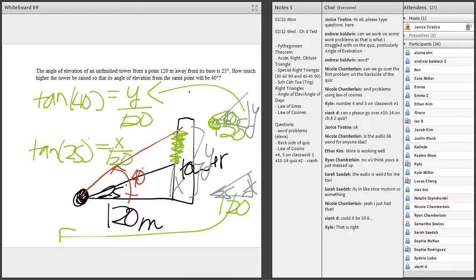So I think the hardest part in these questions is to draw it and to figure out what it's asking for. Is it the vertical? Is it the horizontal? So I think pictures are very helpful, and you have to imagine what the situation is. Okay.